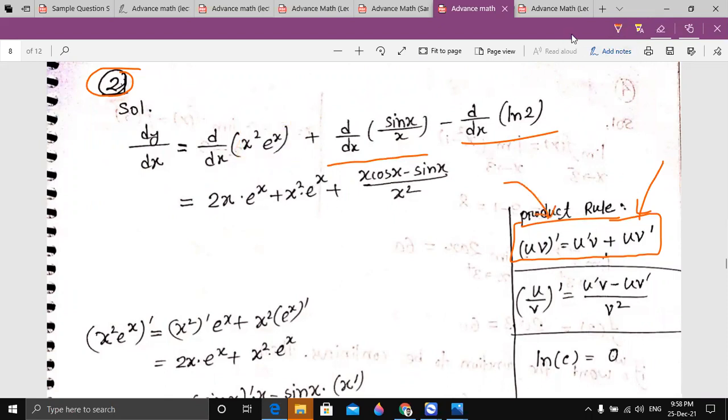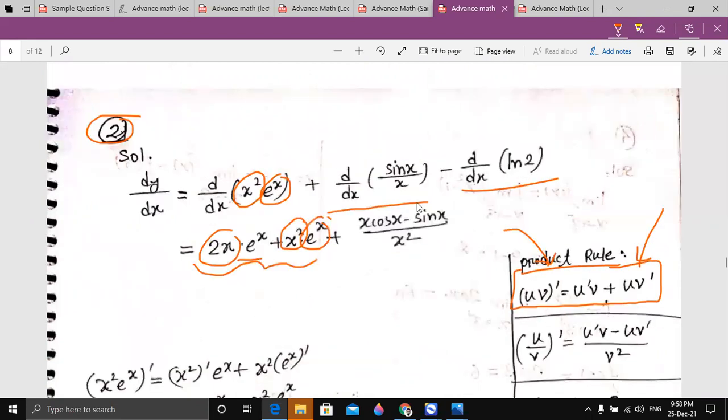Yeah, I do. Okay. So u derivative v, that means the derivative of x squared, will be 2x, multiplied by v, plus v derivative u. So the derivative of e to the power x is e to the power x, and u is x squared. So here we used the product rule.